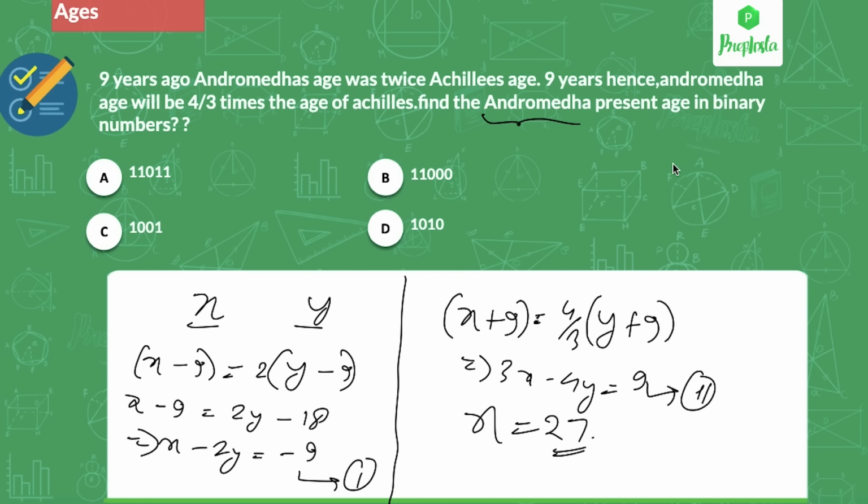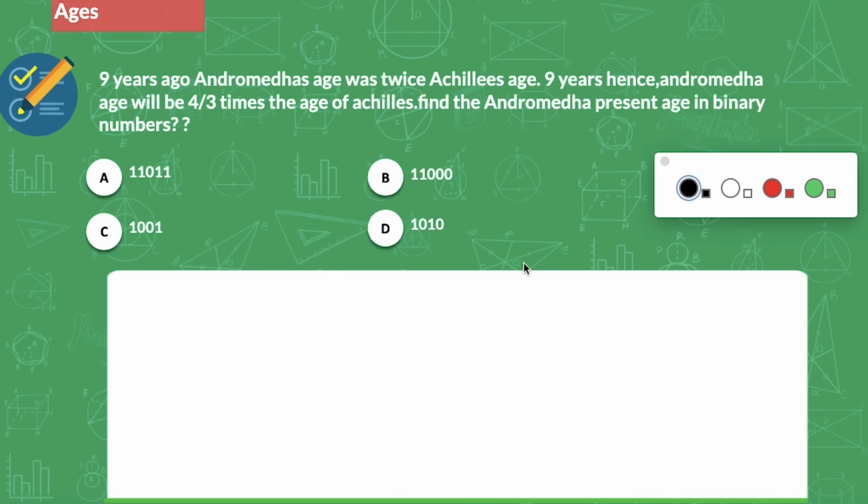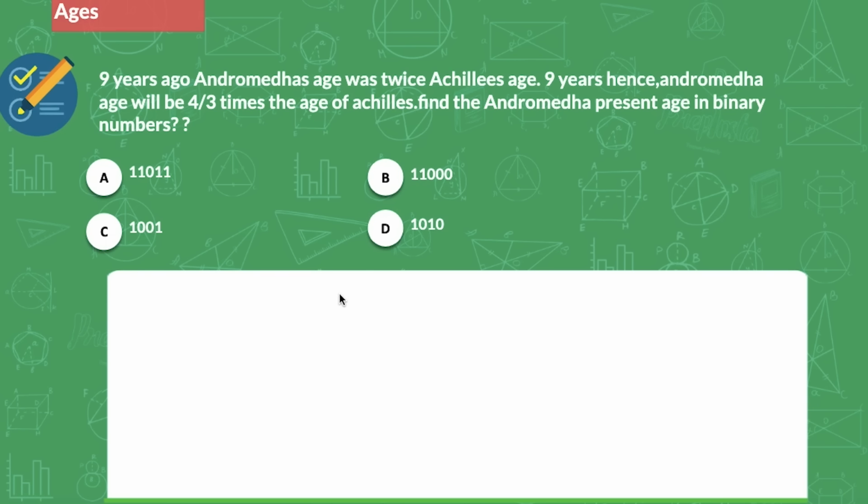age in binary numbers. So how do you convert a number from decimal to binary? So let me erase it from here and then I'll explain it to you. So 27, right? To convert it into binary, just divide it using 2. So 13, the remainder is 1, because 13 2s are 26 and the remainder is 1.